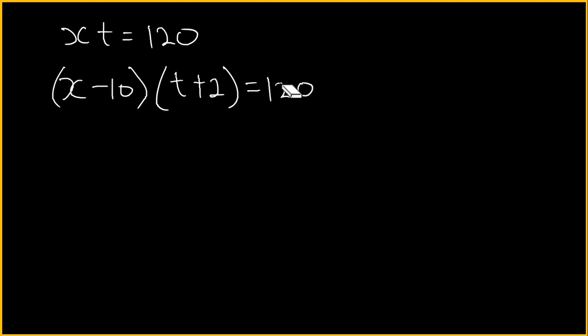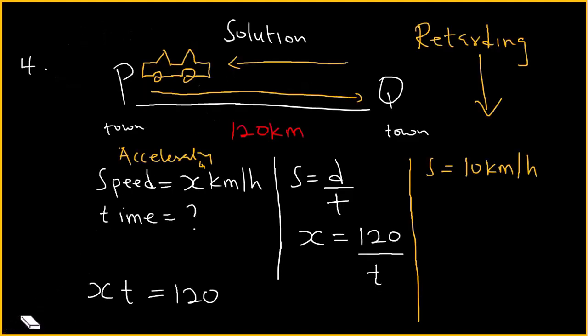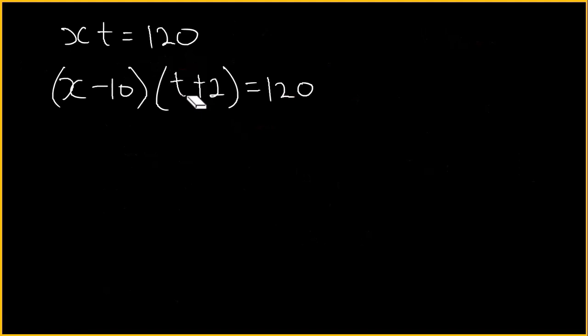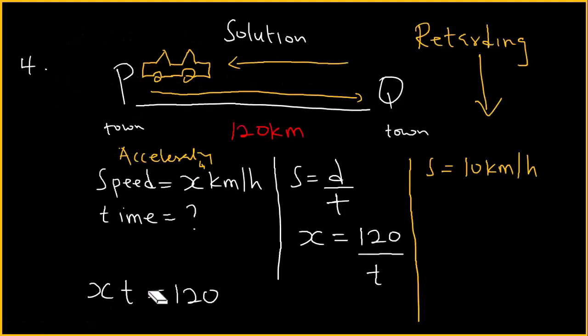That's the distance. But from the question, we were asked to find the value x, and x is the speed. Okay, x is the speed. So meaning we have to eliminate the variable t. We have to replace the variable t with something so that we can work for x. So by doing so, from this point, t can be made the subject.